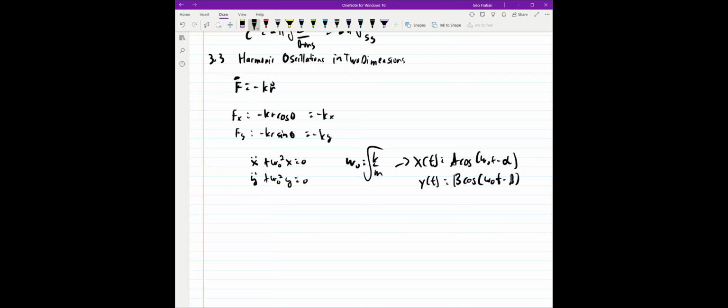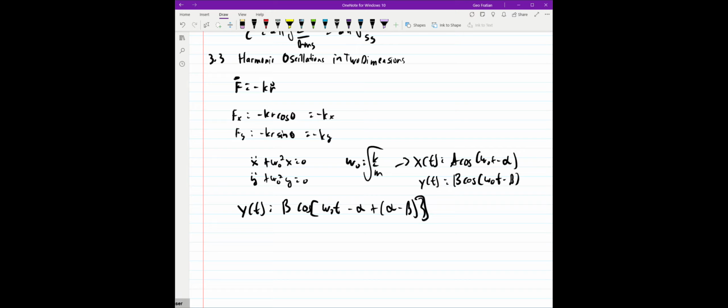Okay. So then we have these equations, and we can try to combine them in 2 dimensions. So we know that y of t is equal to b cosine omega naught t minus alpha plus alpha minus beta, just from this right here.